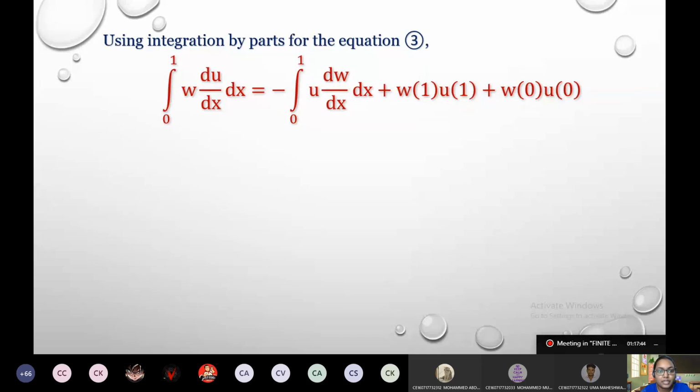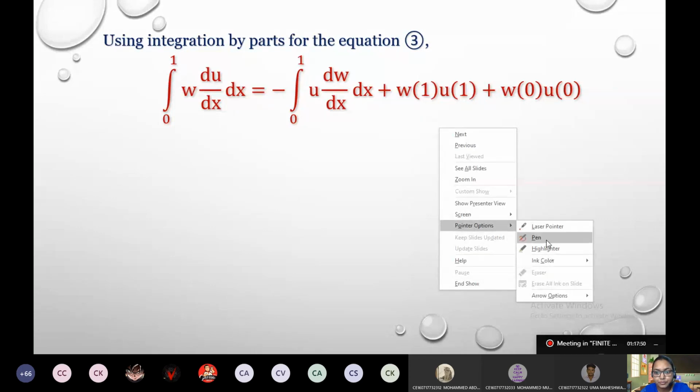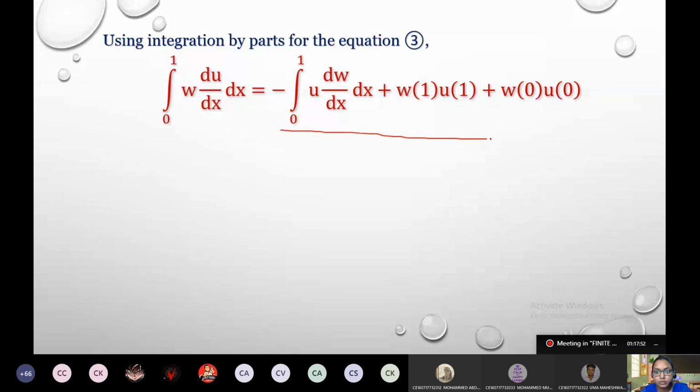For that one term, this is the formula: minus integral of u dw by dx into dx, plus w of 1, the upper limit, into u of 1, plus w of 0 and u of 0, the lower limit, from 0 to 1.